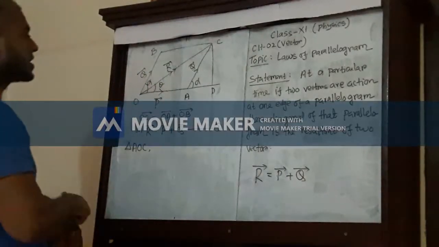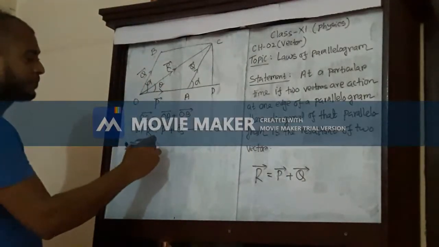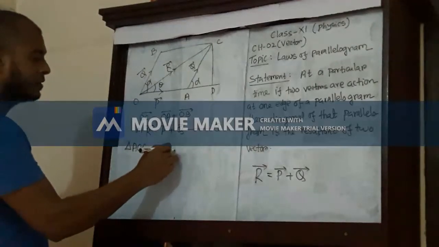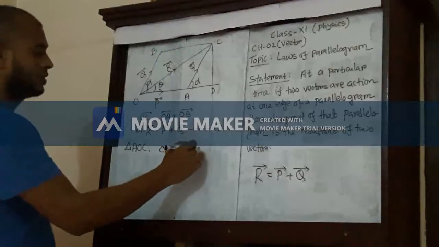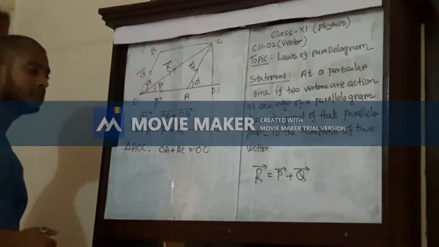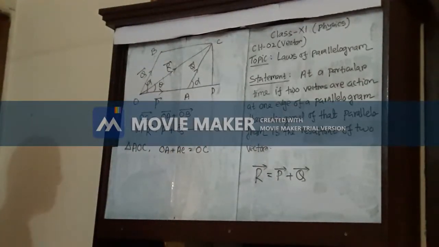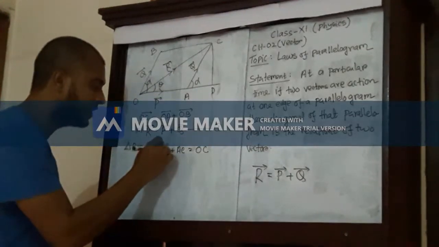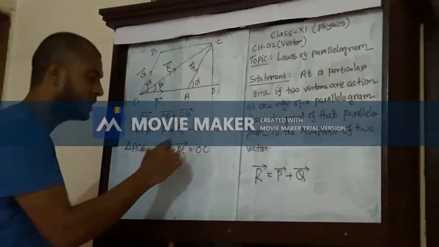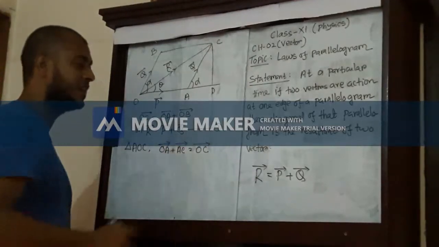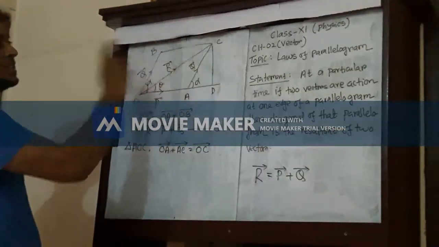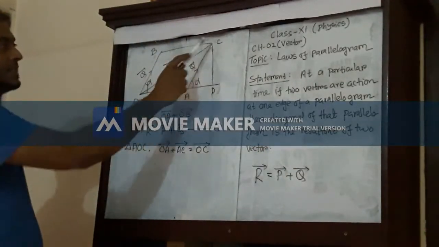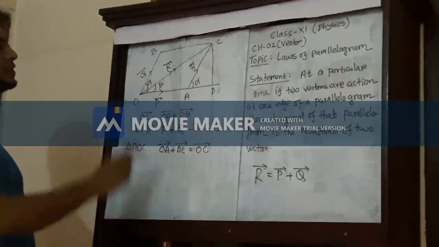So according to this law, you can say that OA plus AC will equal to OC. Boys and girls, OA plus AC will equal to OC. Here OA is nothing but a vector quantity, AC is also a vector quantity, OC is also a vector quantity. So you can say that OA plus AC, this will equal to OC.